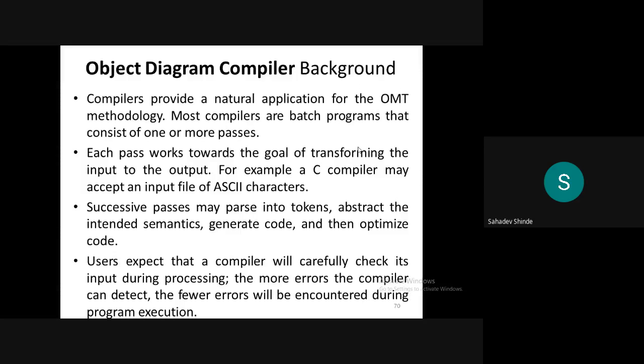For example, a C compiler may accept an input file of ASCII characters, and successive passes may parse into tokens and abstract the intended semantics, generate code, and then optimize code.